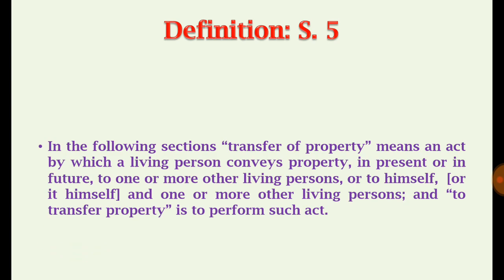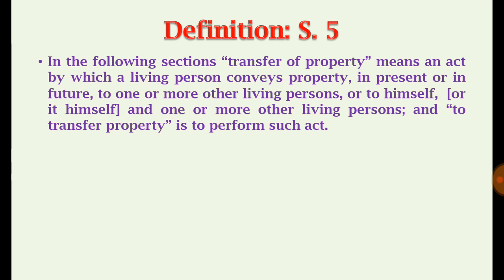Now we are going to discuss the definition of transfer of property that is provided by section 5. Actually, this definition is provided in two paragraphs. The earlier definition, provided by the original Act of 1882, was thoroughly amended in 1929 to include some provisions and to do away with certain problems that were faced at that time.